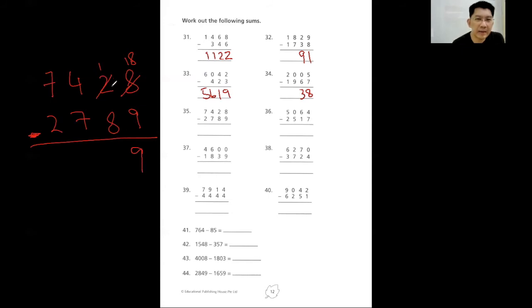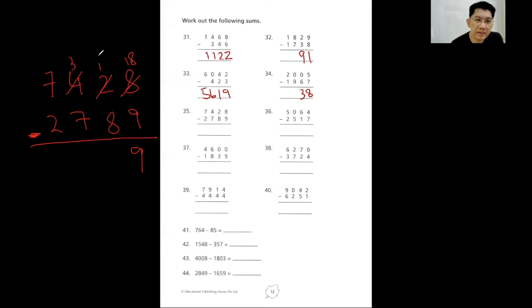Okay. Next group, 1 minus 8. 1 is smaller than 8, so we can't do that. I need to borrow from the next group. So if I take 1 from 4, that only leaves 3 here. Take 1 away.